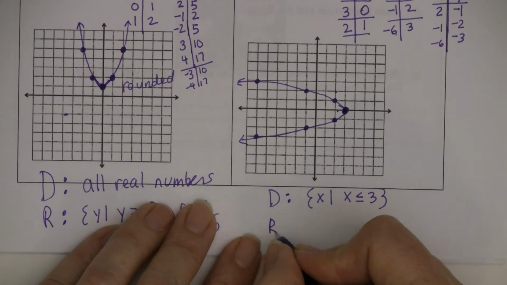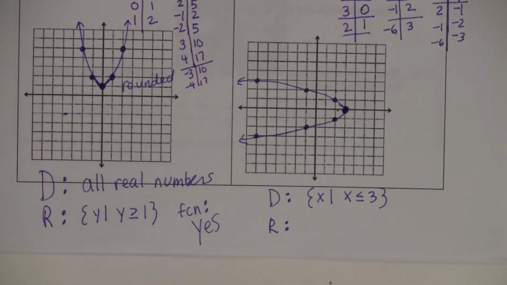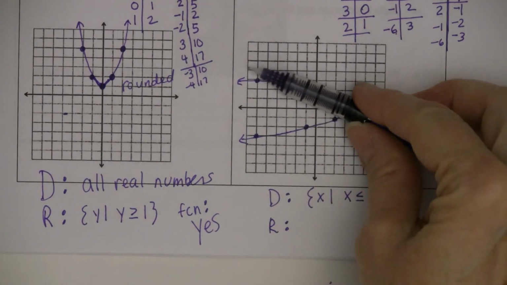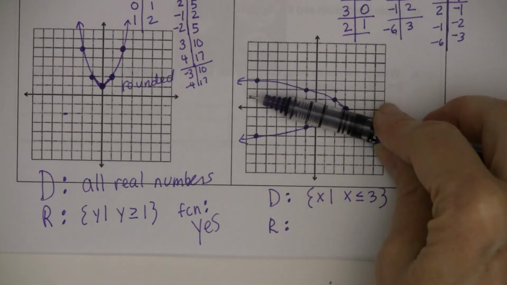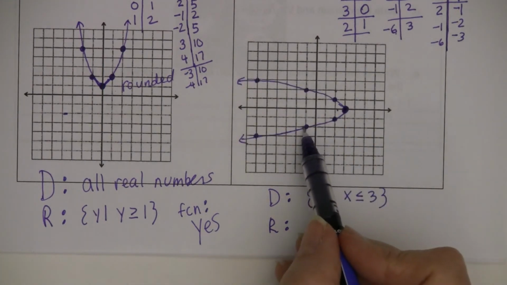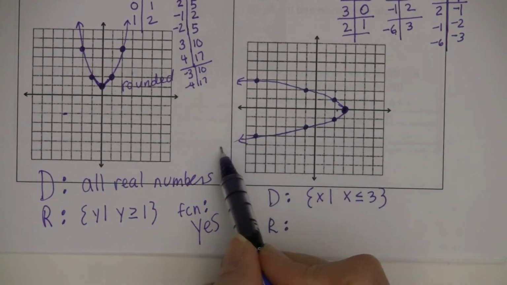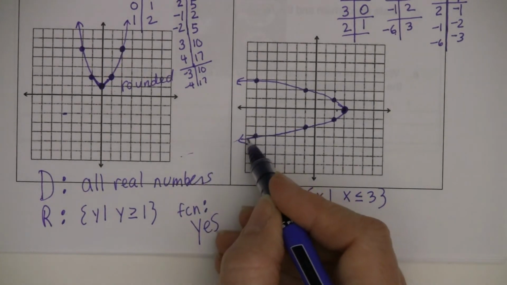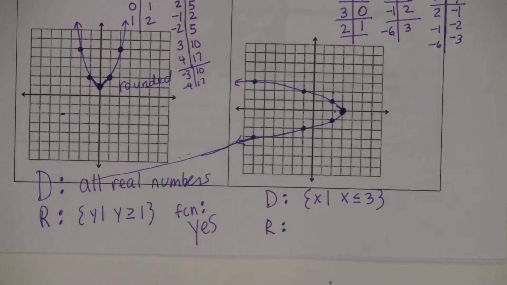Our range, this one is a little bit harder for people to see, but just kind of go with it for a second. If you thought about the range as how low does it go and how high does it go, this is very slowly, as this is coming out, if I was to extend it, very slowly going down and down and down.